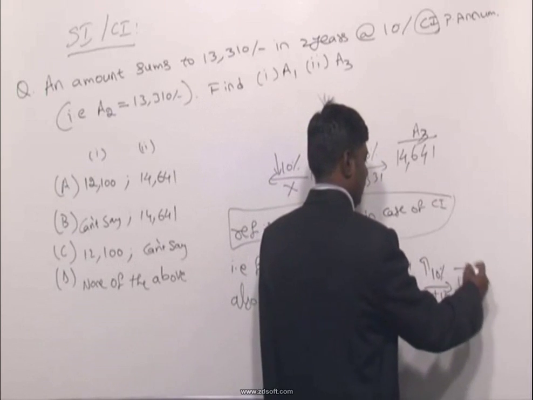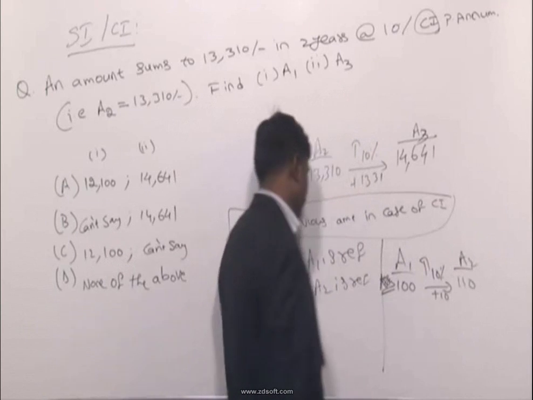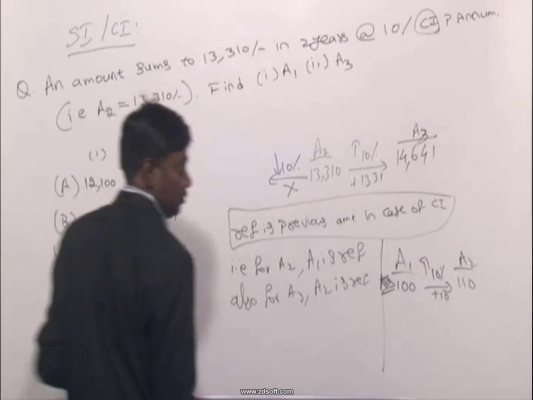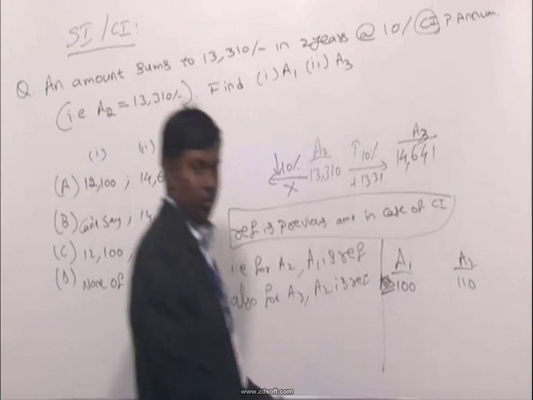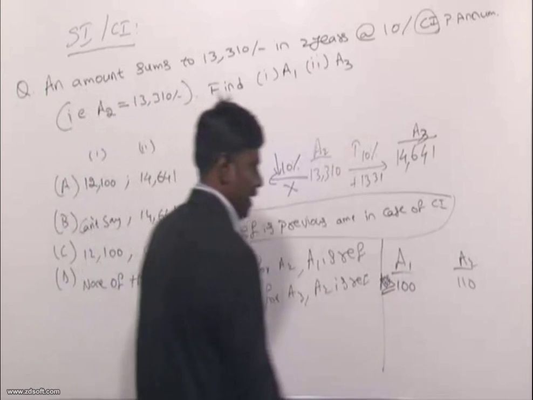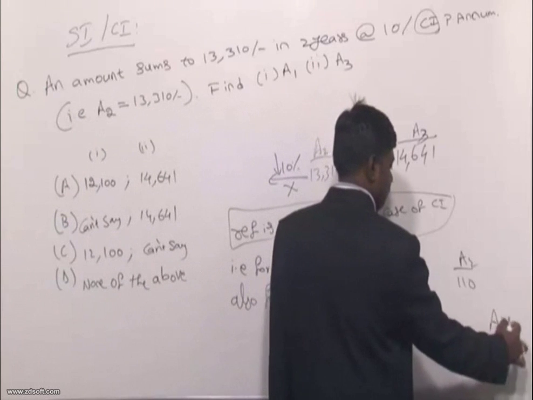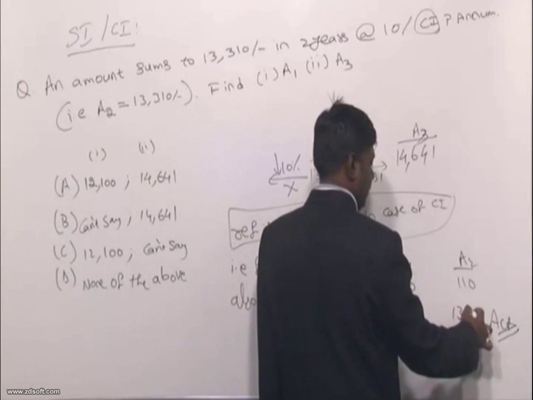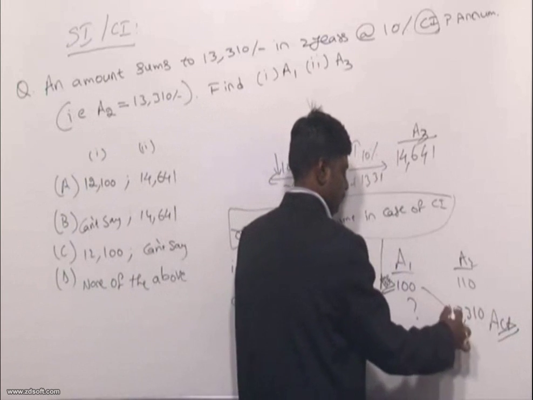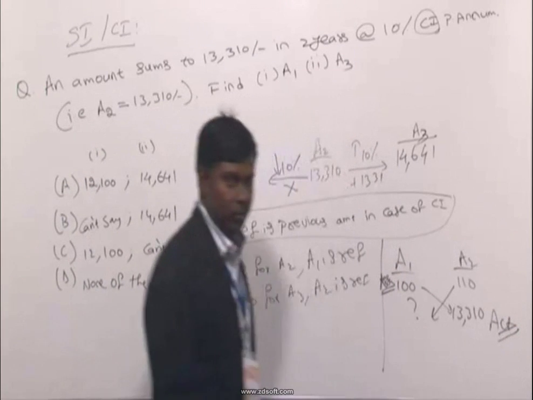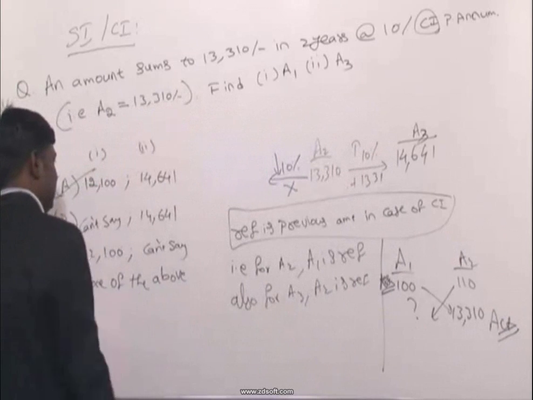You get 110 as A2. That is very easy. You don't even need to do that calculation. 10 per 100, right? Increment. So with that logic, the actual value is given to be 13310. So you have to find out what A1 is. If you cross multiply, you get this answer.